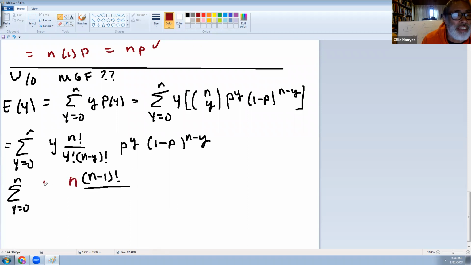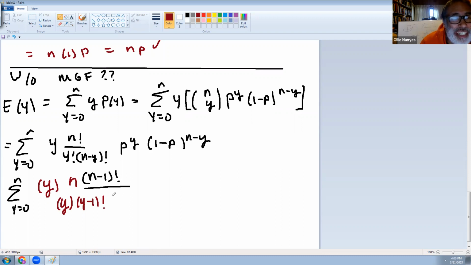I have this y here. Now here's what I want to do in the denominator. The y factorial, I'm going to write as y times y minus 1 factorial. So the y factorial becomes this. Now you can see how that's going to cancel this, right?